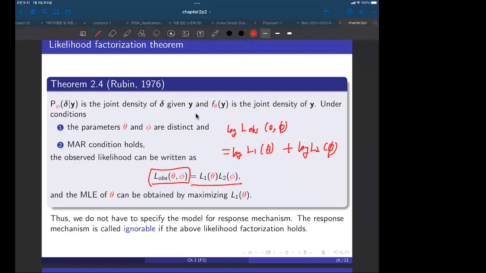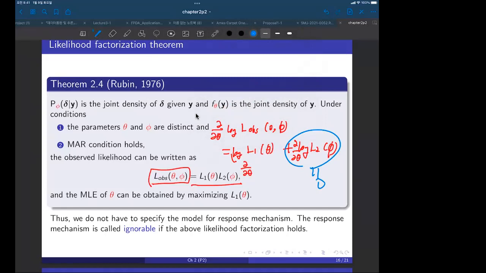And then you take the partial derivative. Then this term is 0, since the function of phi differentiated with respect to theta becomes 0.